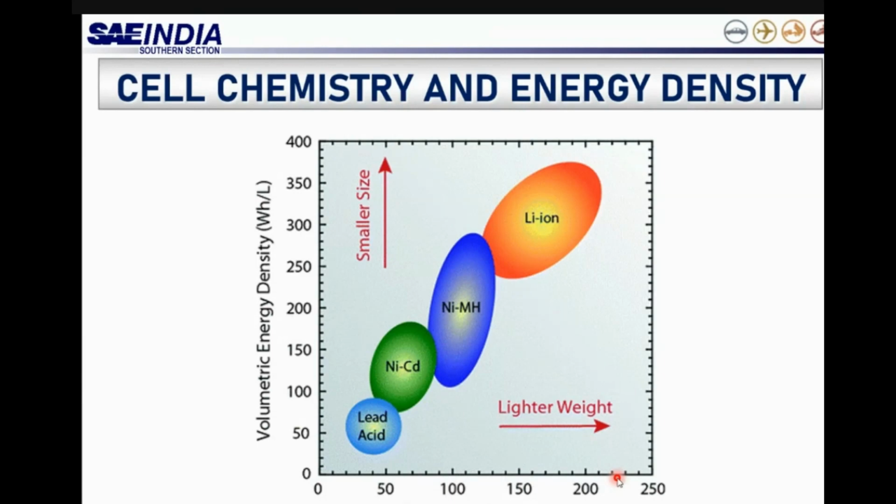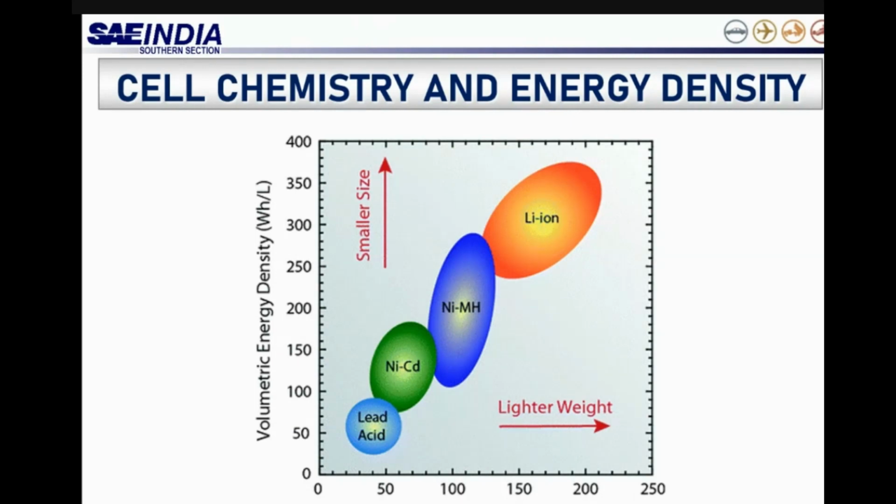Now at 10% of charge, your 300 kilograms of vehicle is going to take you to maybe say 20 kilometers. So that's why the energy density is very critical. That's why every aspect matters.